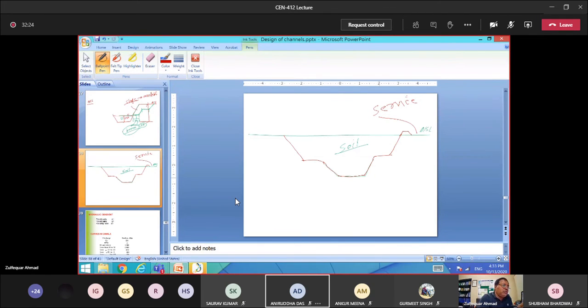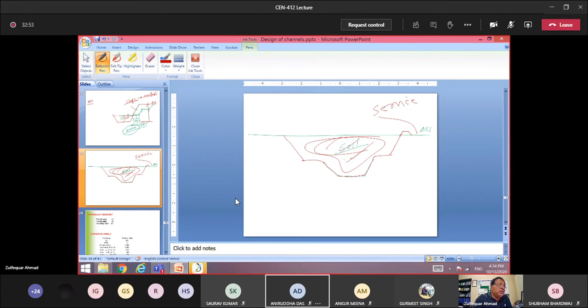Now, since you have excavated this much huge volume of soil, where will you take this? Because if you carry it to a different place, the cost factor will come into the picture. In general, we have seen recently the Madh Ganga phase 2, where the canal is in deep excavation.